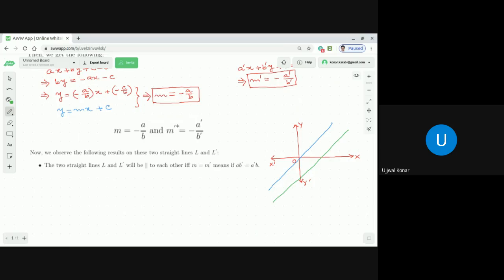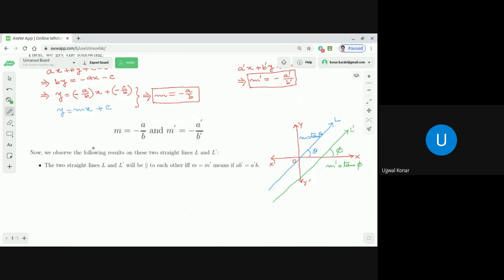Assume these are parallel. If this angle is phi, then according to our understanding, m dash is equal to tan phi. Now if this angle is theta, then m is equal to tan theta. So this is the straight line L, and this is the straight line L dash.